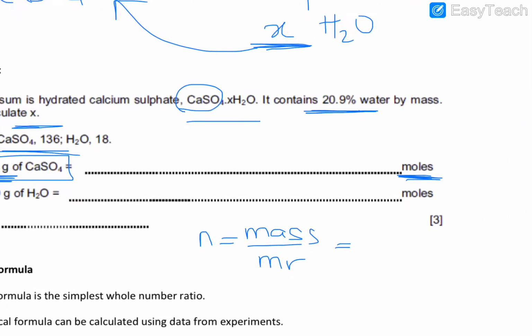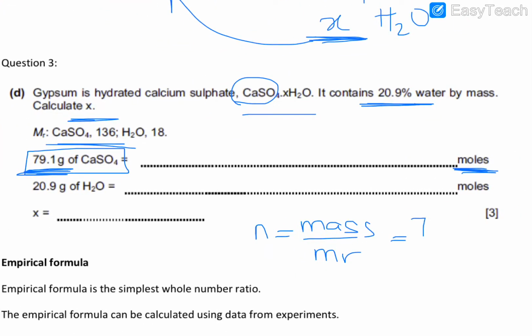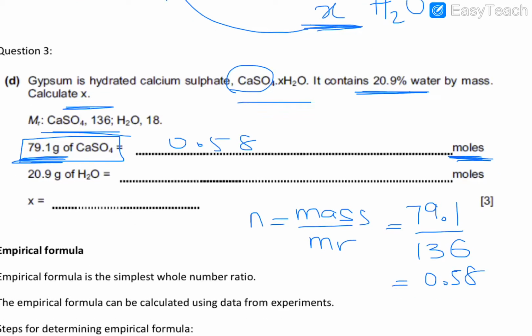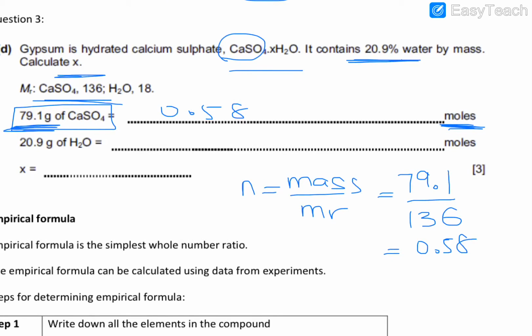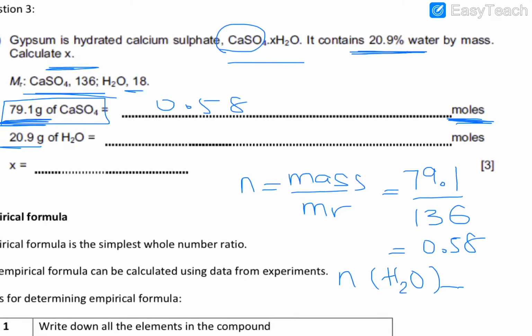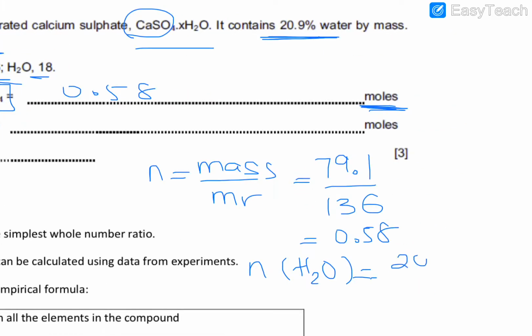So it will be 79.1 divided by 136. So this is the number of moles of calcium sulfate, and the number of moles of water would be the mass divided by the MR of water. So 20.9 divided by 18 here.